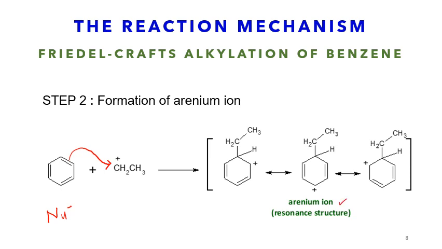In arenium ion, the pi electron is delocalized from one carbon to the next positive carbon. Thus, the pi electron will move in a circle in order to stabilize the carbocation. This structure is called a resonance structure.